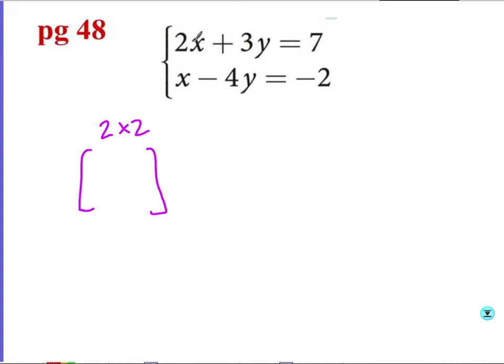And when they are, I can take exactly the way they are set up: a coefficient of 2, a coefficient of 3, here we have a coefficient of 1, and here we have a coefficient of -4. So this 2x2 matrix is called my coefficient matrix.